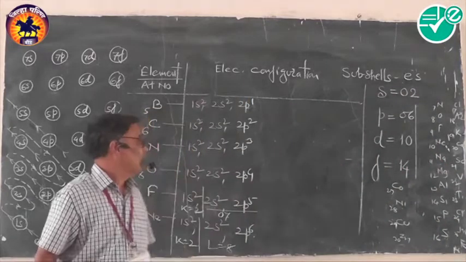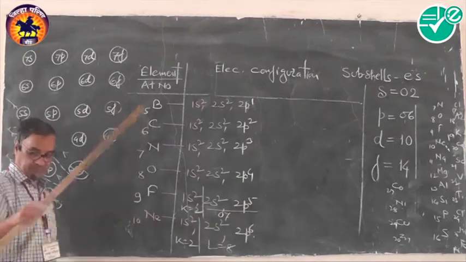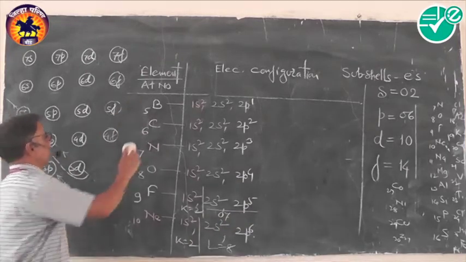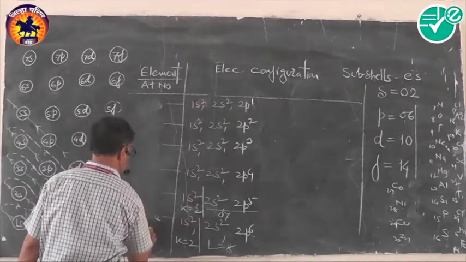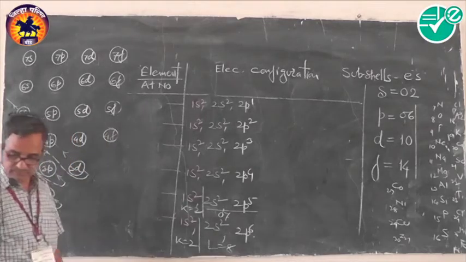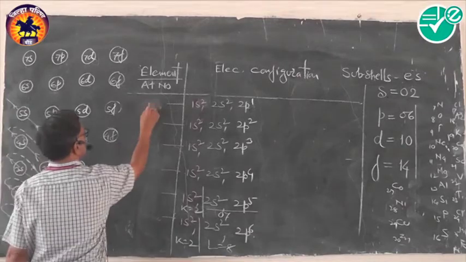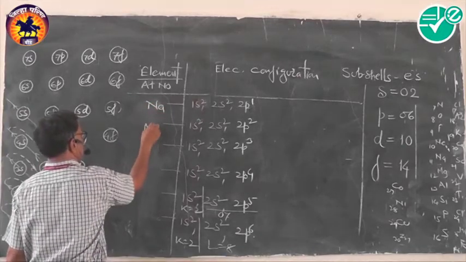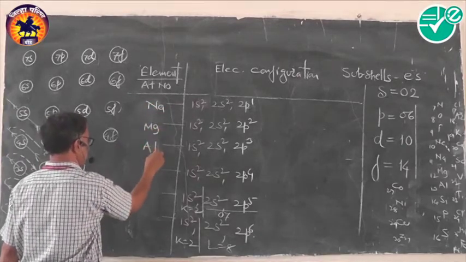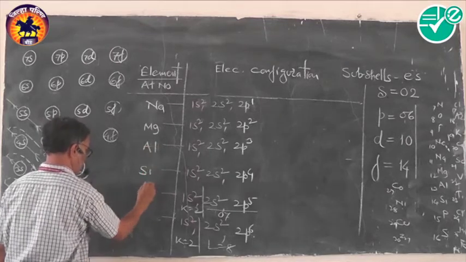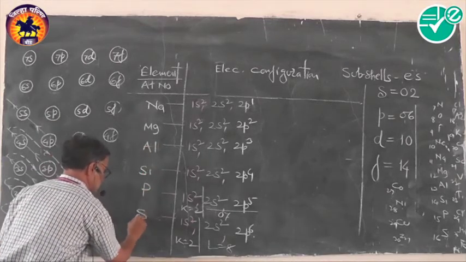Now from sodium, that is atomic number 11. Sodium, magnesium, aluminium, silicon, phosphorus, sulfur.